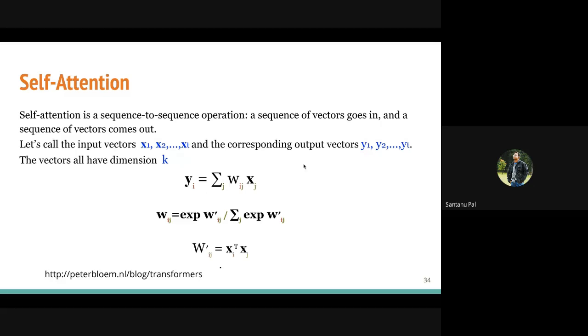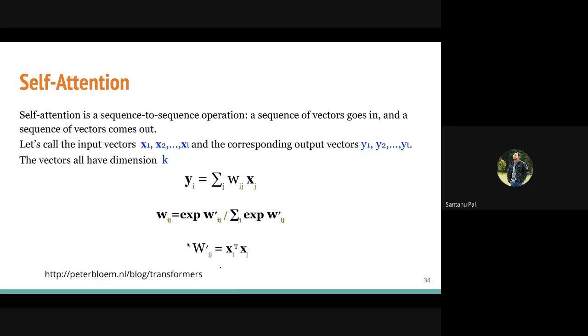This is something you know. Here yi is the weighted sum of all inputs with weights wij. You have seen it as alpha ij at the beginning. So this is a weighted sum of all input words, or all input hidden layers.